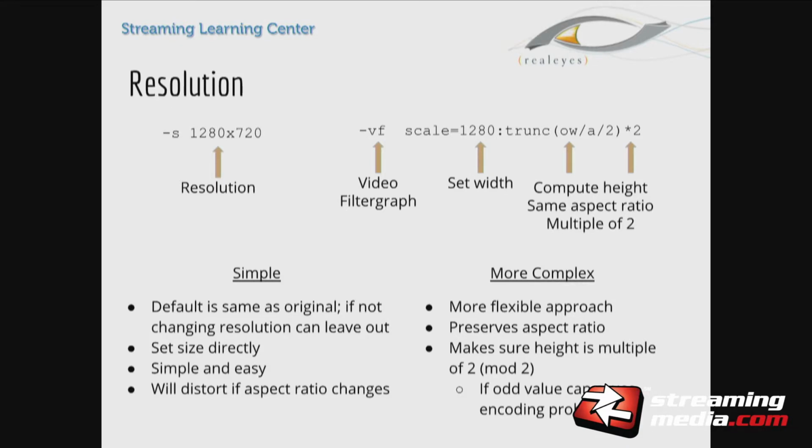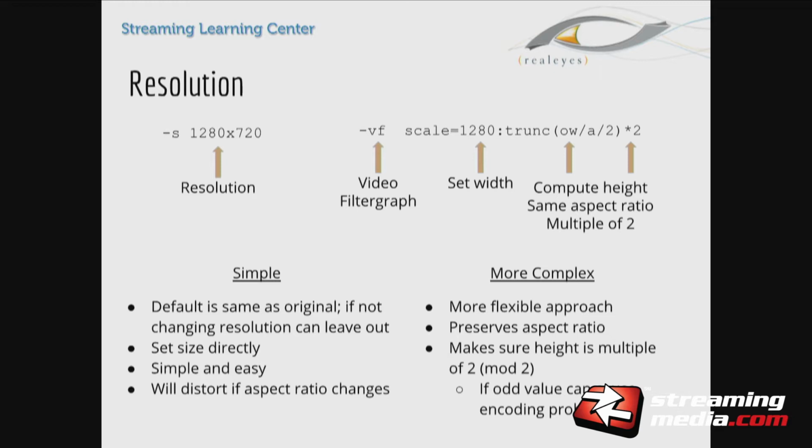Okay, what about resolution? Two ways to do resolution. S for size, you can just input the resolution that you want, and that's typically what I do in most of the production stuff that I do. What do you do if you don't know the specific resolution of the file, but you want a certain width or a certain height?